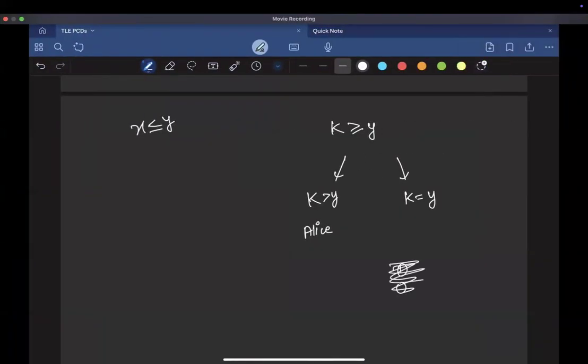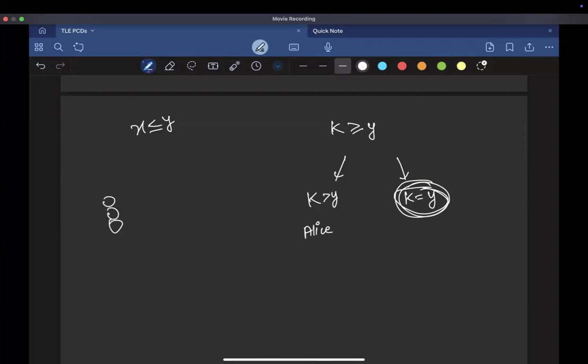See, k equal to y means you can remove at most y stones, and you know that y is the number of stones in the bigger pile. So don't you agree that this also means you can remove the bigger pile completely? And if you can remove the bigger pile completely, then you are winning, of course. We have discussed this over and over.